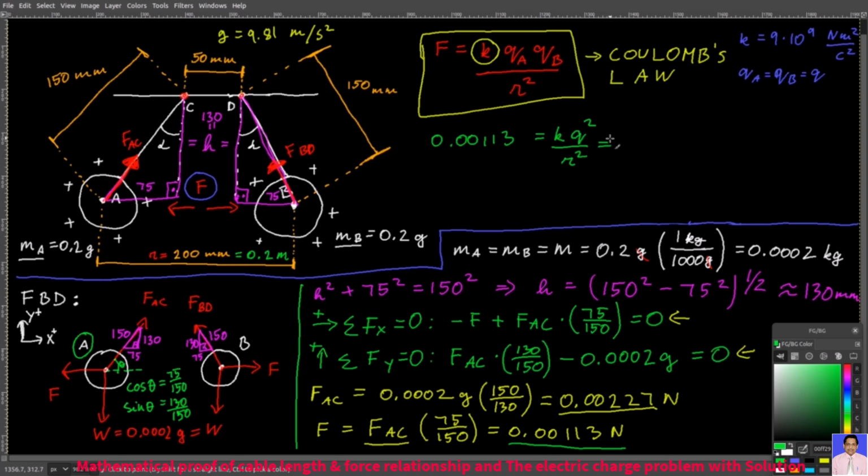So from here, I can write Q squared equals 0.00113 times R squared over K. And then what I do, I square root this entire thing. And so you know the K value, it's this one here. And then R is 0.2, so you will have 0.2 squared here.